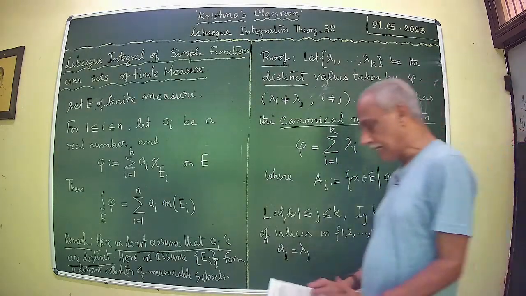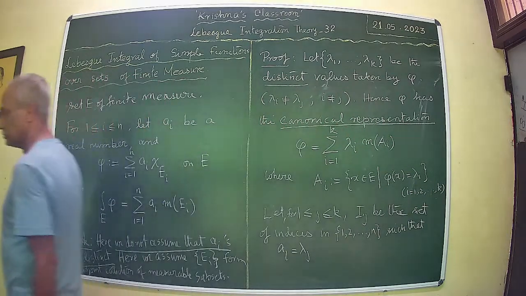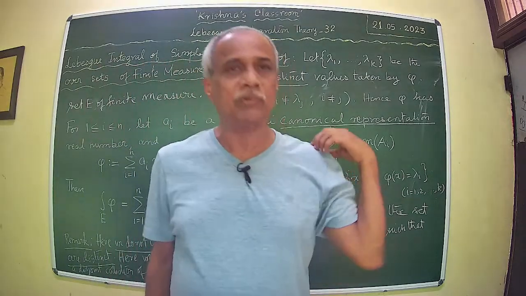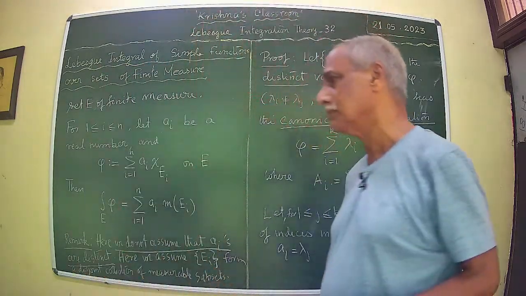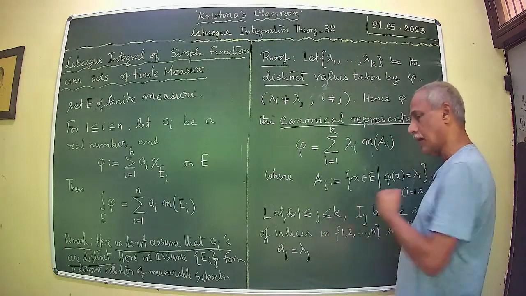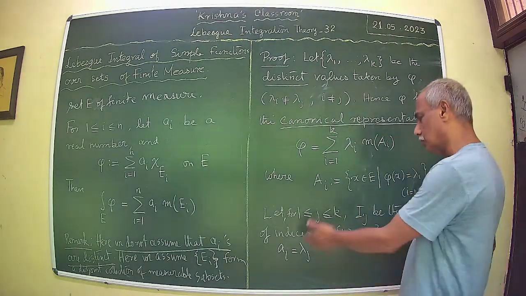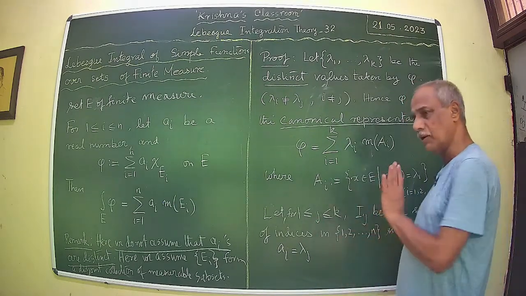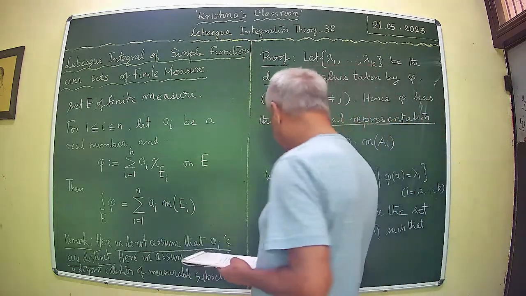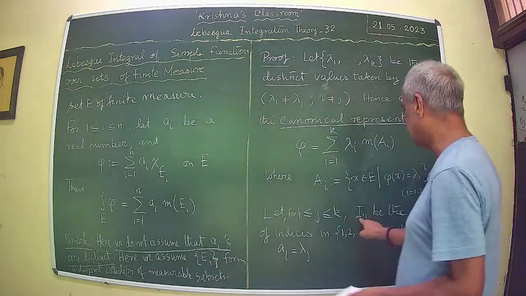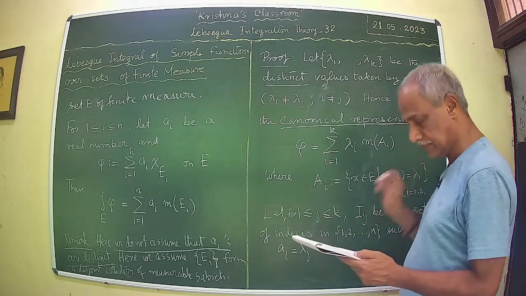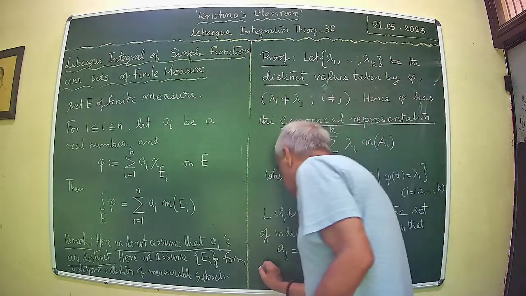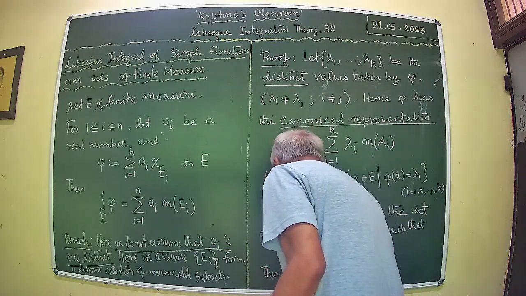So you know that these lambda_j's are distinct, but the a_i's are not. That means that there is a possibility that some of the a_i's may be repeating, and then your lambda_j has to be equal to at least one of the a_i's, and maybe for more than one a_i. So let's collect all those indices in the form of I_j. Okay. Then what you have is this.